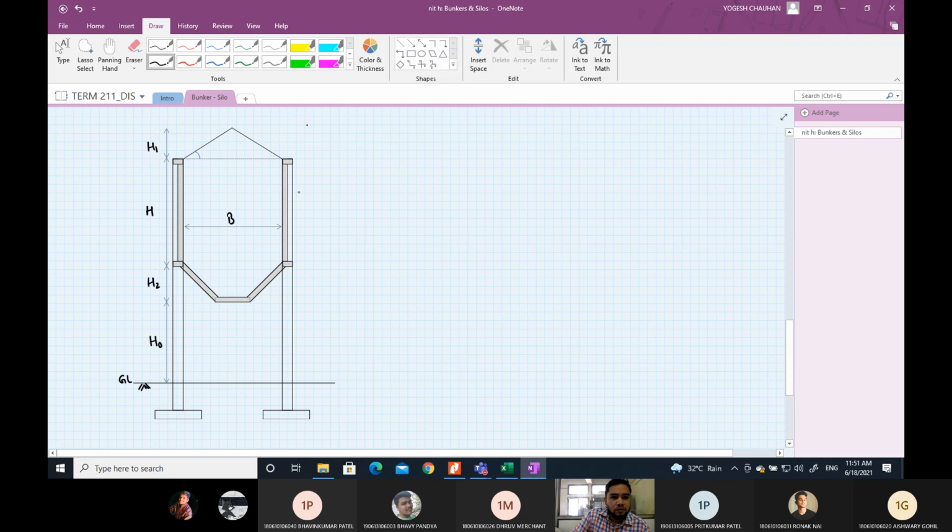So this is called sidewall, and this is bottom hopper. These are columns on which this bunker rests. They also facilitate cleaning of the bunker, because we can provide sufficient clearance. This is called clearance.